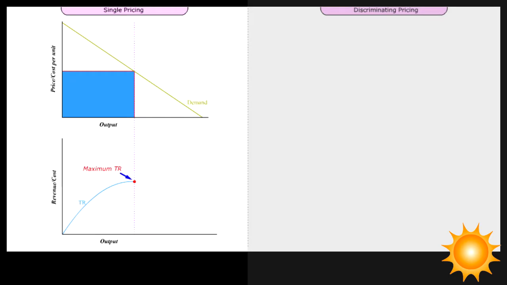Total revenue (TR) would reach a maximum when sales increase no faster than price decreases. That is, when elasticity of demand is equal to 1. Then total revenue decreases as sales increase slower than price decreases. That is, when the elasticity of demand is less than 1.